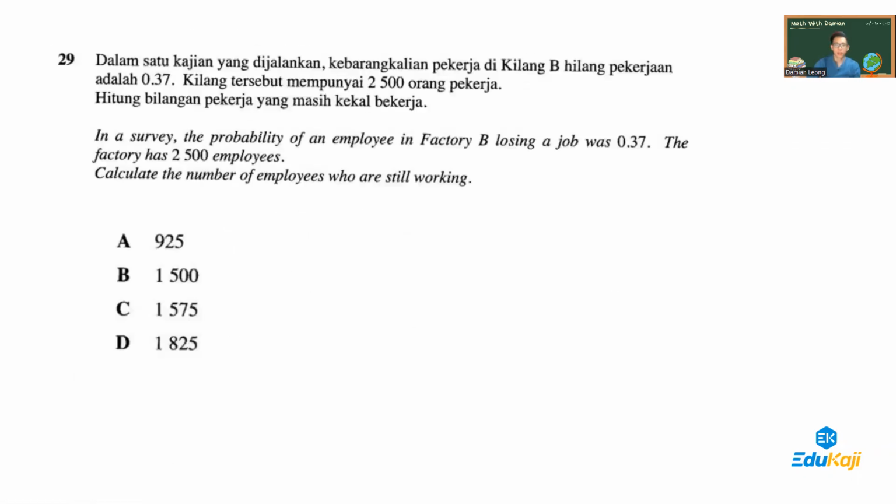Question 29, in the survey, probability of an employee in factory B losing a job was 0.37. Factory has 2,500 employees. Calculate number of employees who are still working. So probability that they are losing a job is 0.37. So probability that they are still working, 1 minus 0.37, 0.63.